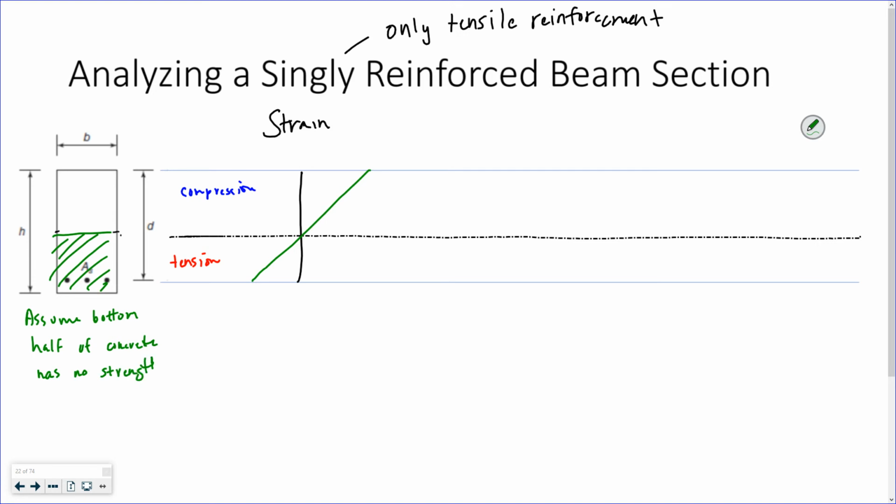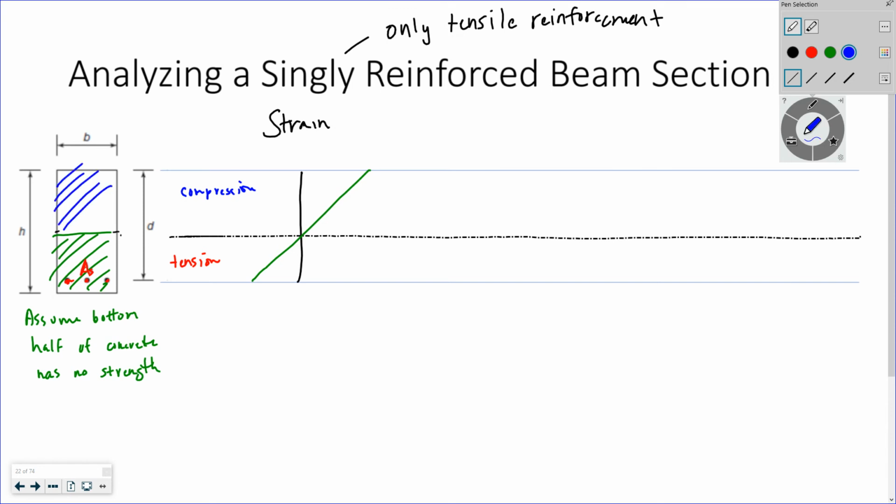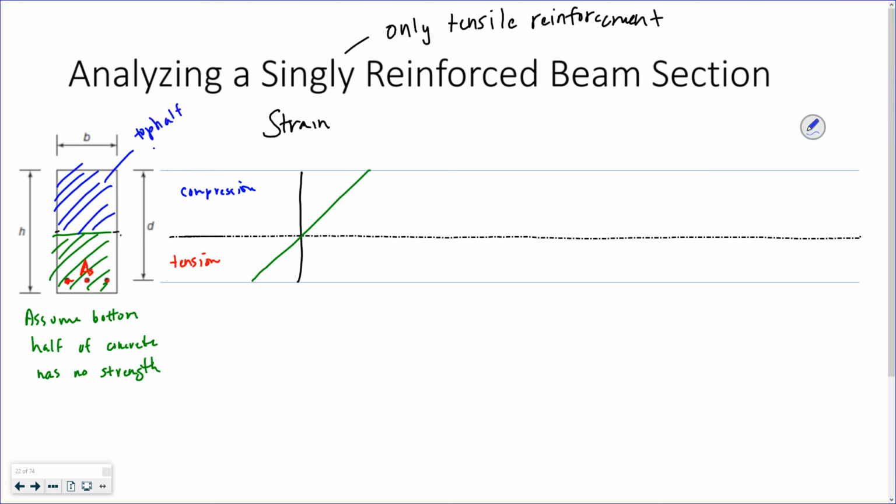It's in tension and it has no strength. Just assume it's entirely cracked. It's just along for the ride. So the only thing carrying tension is the As. And the only thing carrying compression, because it's a singly reinforced section, is the concrete in compression.